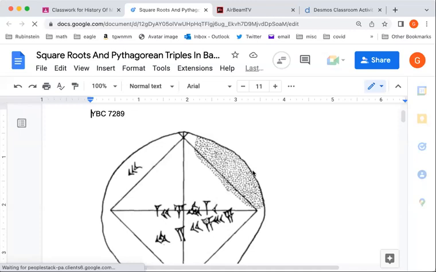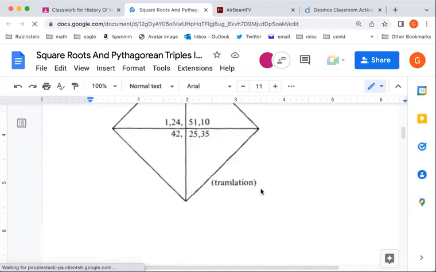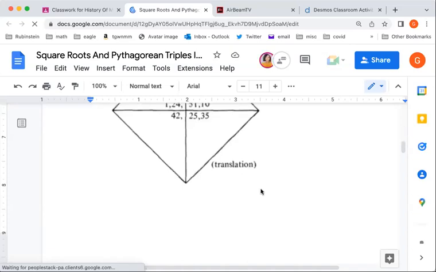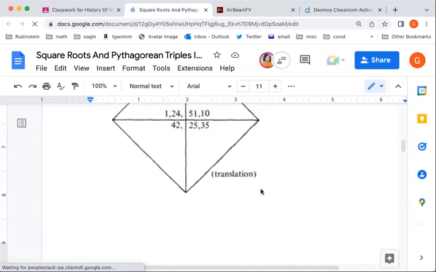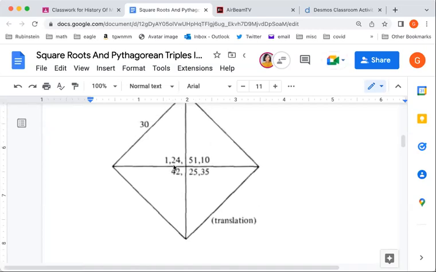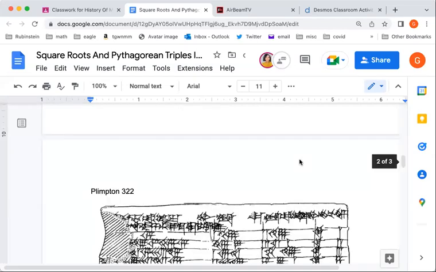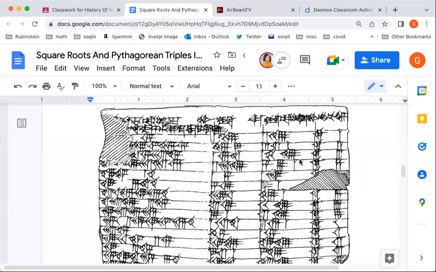The number on the side is just 30, and then there are two numbers across the diameter of that diamond, 1, 24, 51, 10, and underneath it 42, 25, 35. There's also this hand drawing of Plimpton 322.